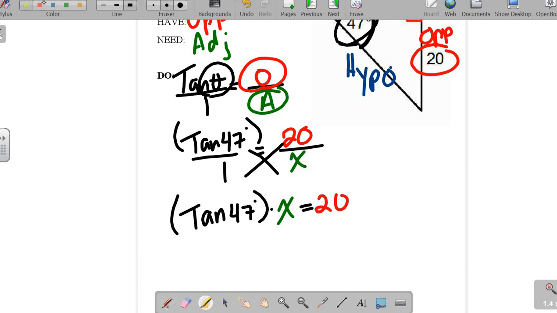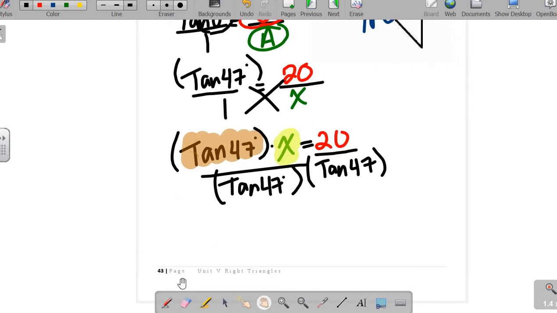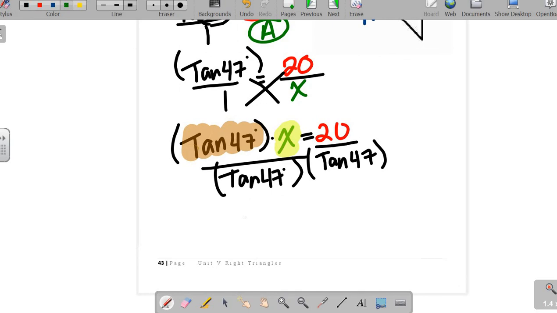Look, friends, x is not yet by itself. Do not touch a calculator. Just like a number, we're going to divide tan of 47 out completely. Tan of 47, that's a single entity. Keep parentheses around that. Ready? So now your x is by itself.